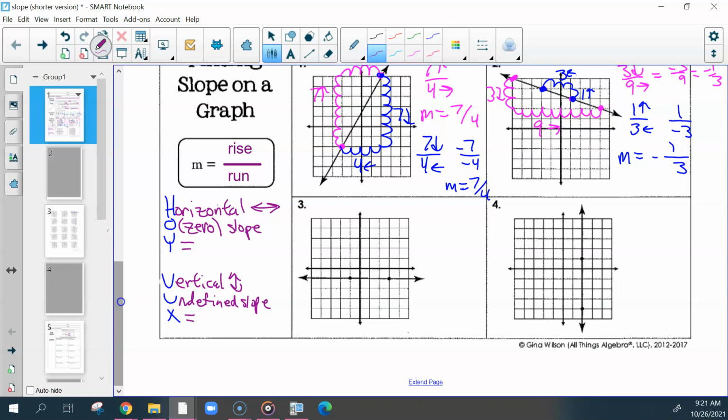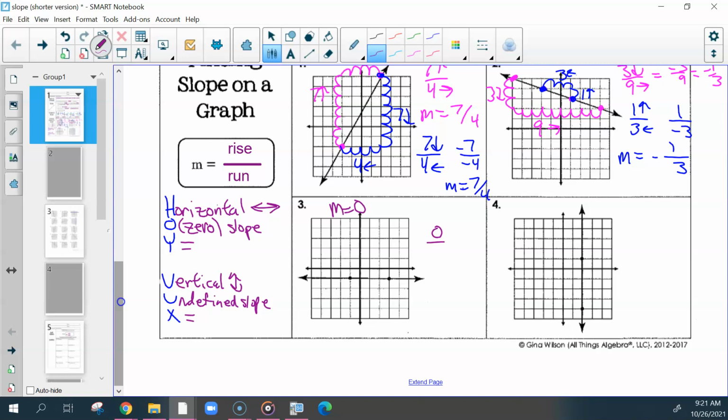So for number 3, this is a horizontal line. So if you see that it's a horizontal line, it's going to have what type of slope? 0. You could still find the rise over run, but in this case, it doesn't go up at all. So my rise would be 0.